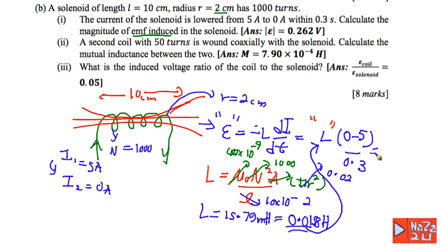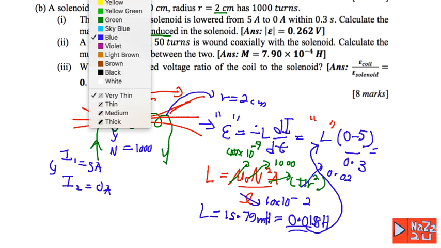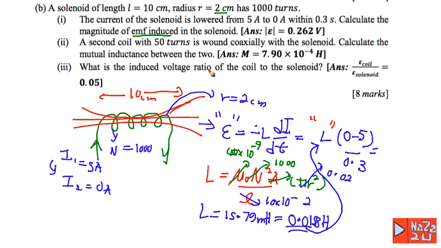So the induced EMF is equal to 0.262 volt. Maybe you can use the negative because this is the small value minus the big value. But the question just asks you to calculate the induced EMF, so the induced EMF is 0.262 volt.